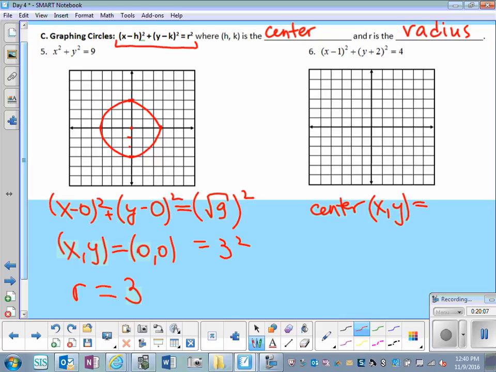Comparing the formula that we have in our example with the standard formula, in the standard formula, the center is (h, k). It's 1, negative 2.